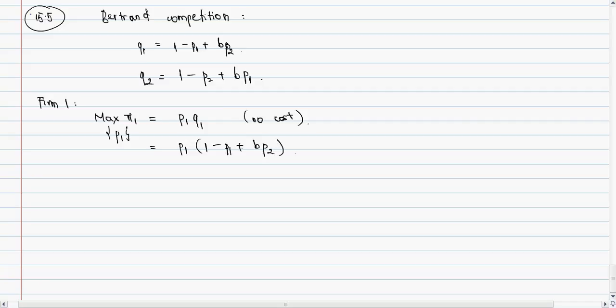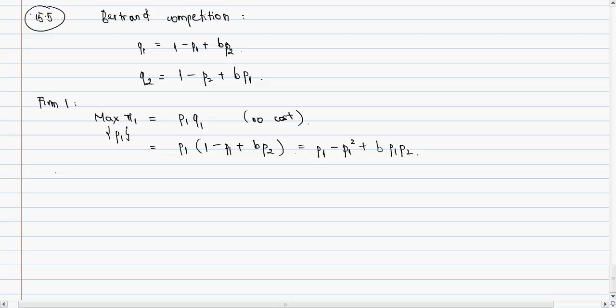Firm 1 will choose P1, taking P2 as given, because the firm doesn't have any power to affect the decision made by the other firm, similar to the quantity decision we did before. Expanding this, I get P1 minus P1 squared plus B P1 P2.